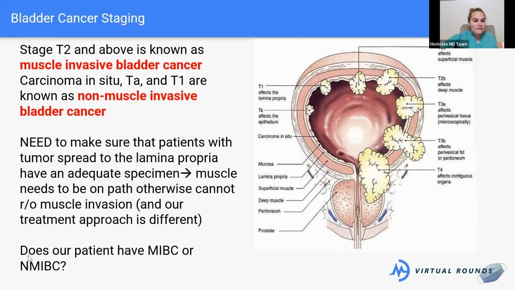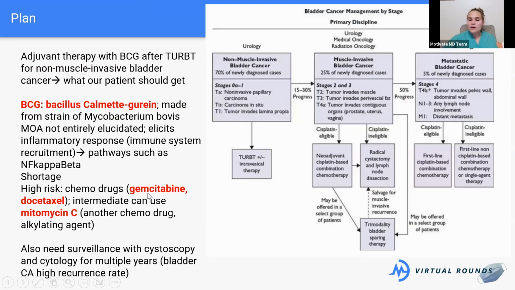So briefly going over how we would treat him. This is a very overwhelming picture, but we're not going to talk through all of the details. In general, it's important to know that if you have non-muscle invasive bladder cancer, usually you just do the TURP therapy like we talked about, grabbing the tumor and sending it off to path. And then the only thing you have to do after that is give them therapy with BCG.